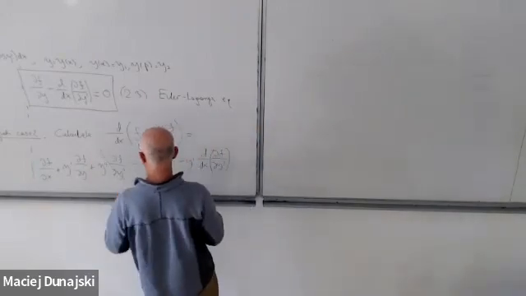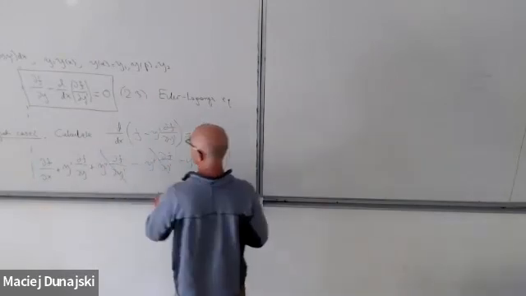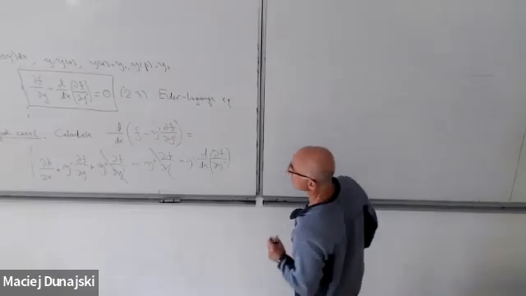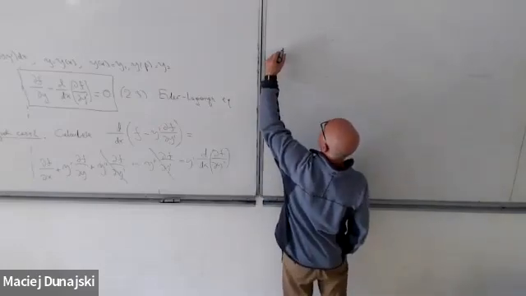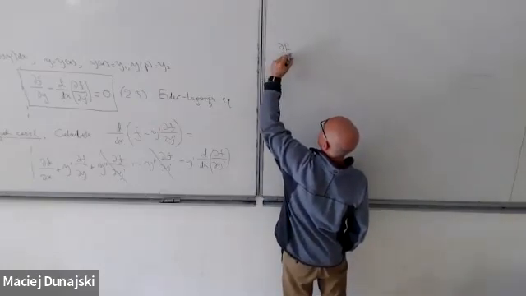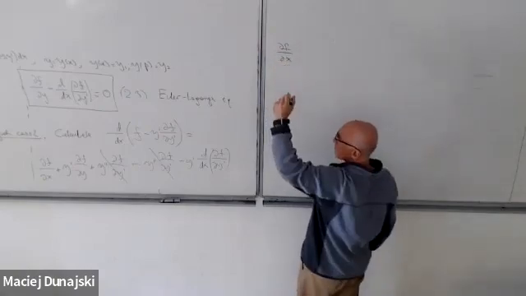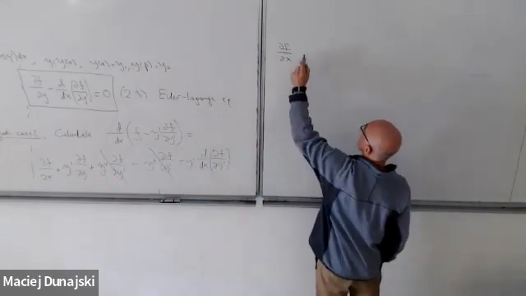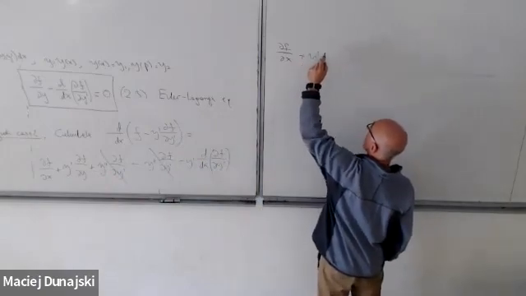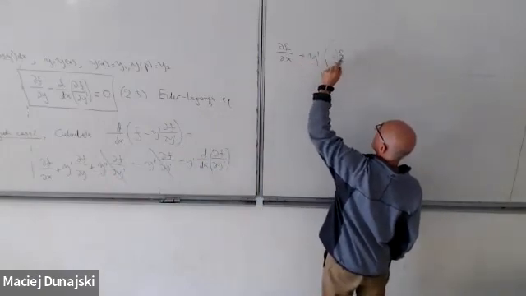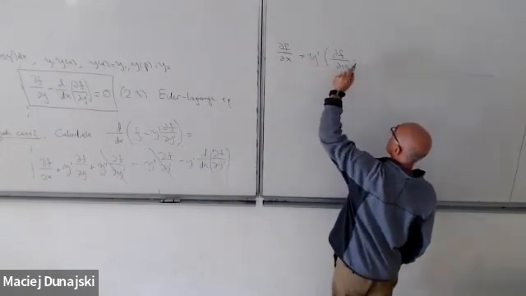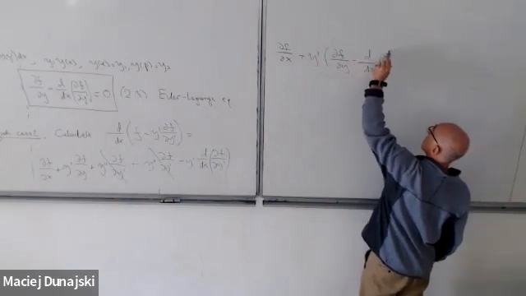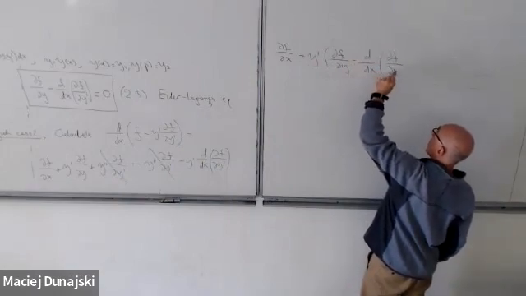So what happens now is there is a cancellation. These two terms cancel. I find that the whole thing is equal to df by dx partial, and I group these two terms together, so I have plus y prime times df by dy minus d by dx of df by dy prime.